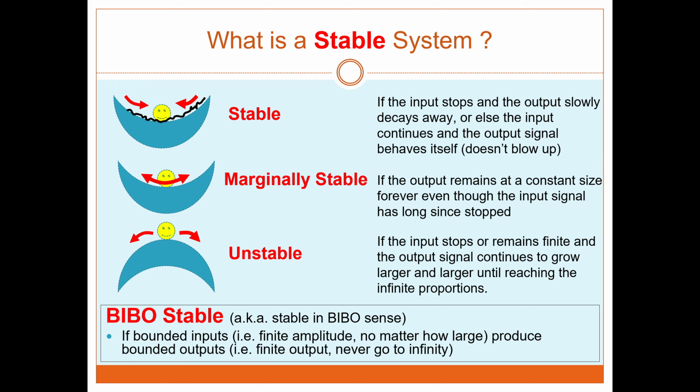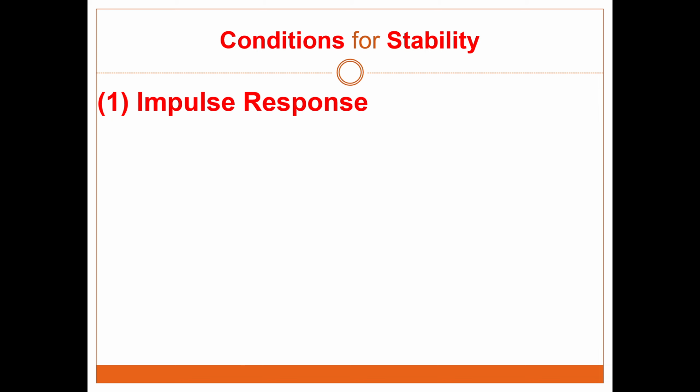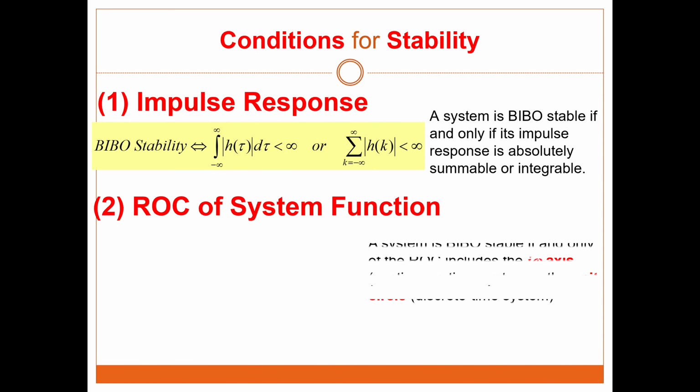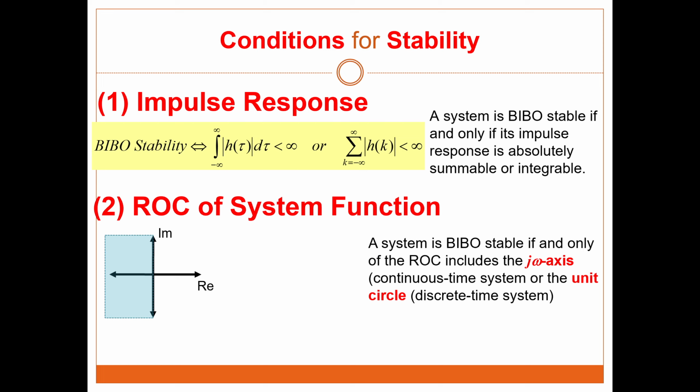But actually, stable in a bounded input and bounded output sense is defined by three elements. The first one: the impulse response is absolutely summable or integrable, which means it has finite values. Number two: the region of convergence of a system is called stable if it exists at the left part of the system, the alpha, or the poles.